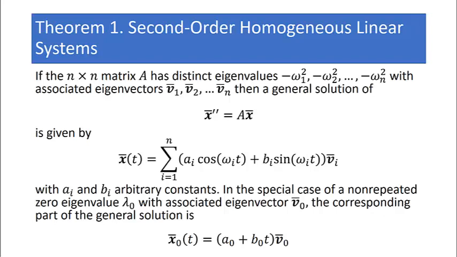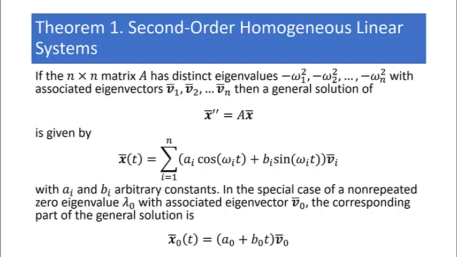If the n by n matrix A has distinct eigenvalues, -ω1², -ω2², and so forth, with associated eigenvectors v1, v2, and so forth, then a general solution of our system x'' = Ax is given by x(t) equal to the sum of these pieces: a constant times cosine of ωt plus a constant times sine of ωt, times a corresponding eigenvector, where the a and the b are just arbitrary constants.